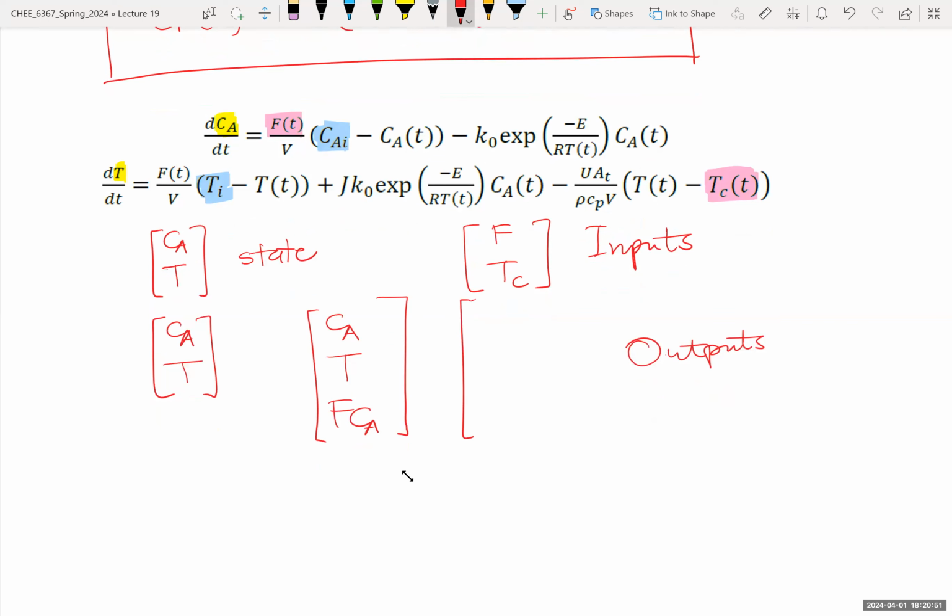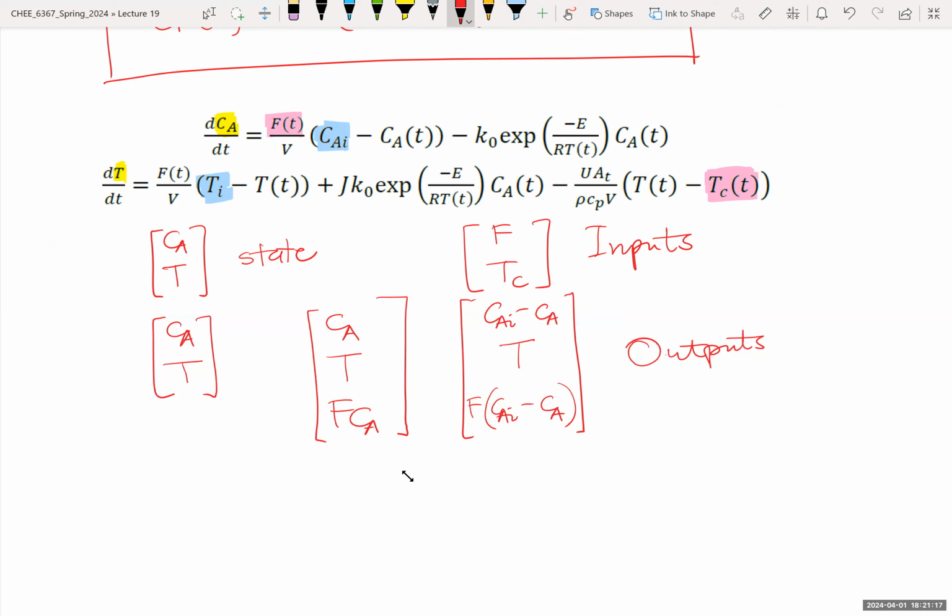I could have CA. I could have CAI minus CA to see how much of A was consumed, T, and F, CAI minus CA. I could have any of these. Right? The algebraic equations that I can consider for the outputs can be anything I can think of.